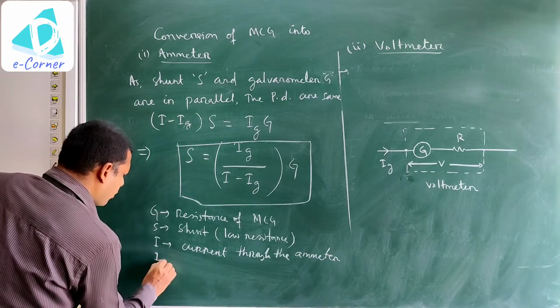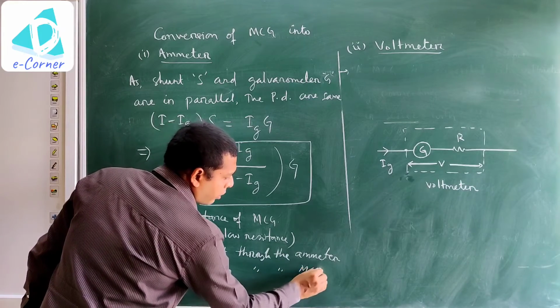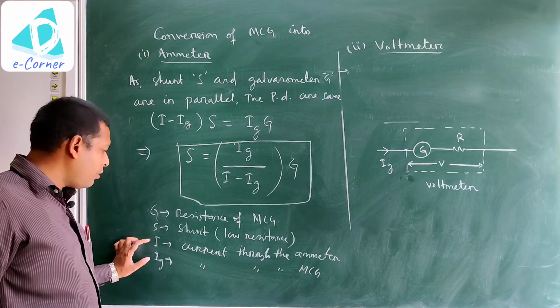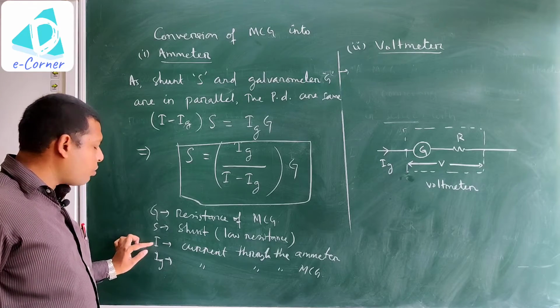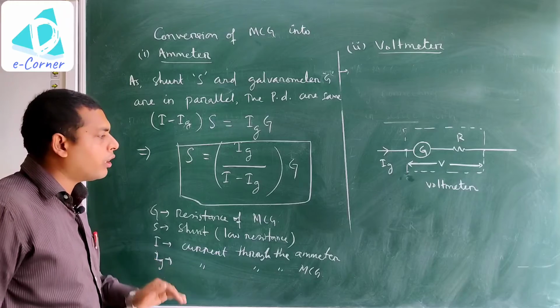Whereas Ig means current through the moving coil galvanometer. Got it? So you have to mark this one, I and Ig. Obviously, from these two, which one is the larger one? I is the larger one, Ig is the smaller one.